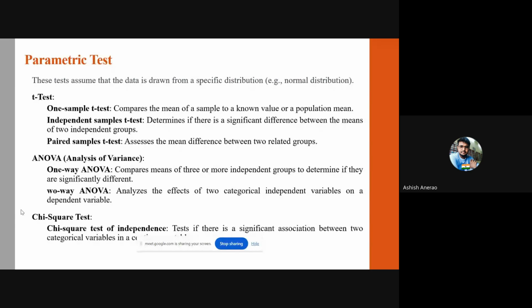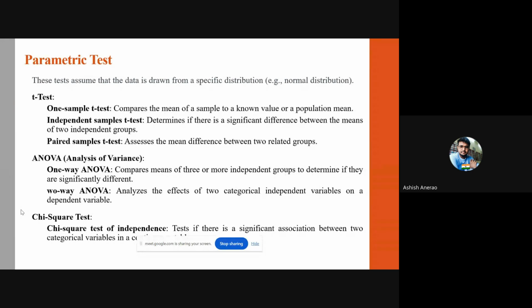We take a sample of 50 people and give yoga training to those 50 people. After 1 month, we again calculate the blood pressure of those 50 people. So previously we have data of the same 50 people, we use some treatment, and after that treatment we again take the data from the same sample.